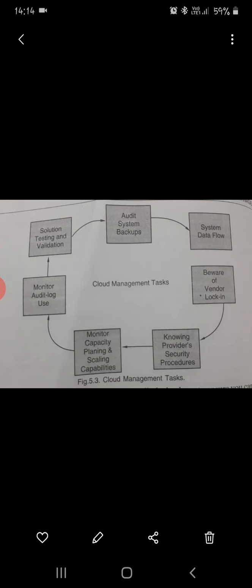Cloud management tasks. First is audit of system and backup. It is required to timely audit the backup to ensure you can successfully restore randomly selected files of different users. Backup performed for your system should be reliable. If you don't provide a backup, your system is not reliable. So what are the ways of providing a backup?